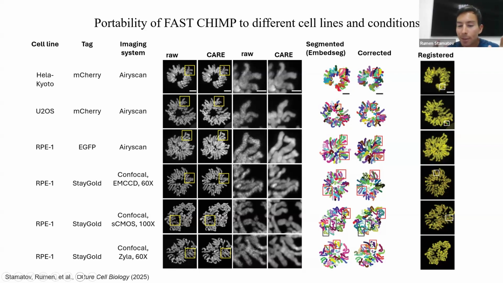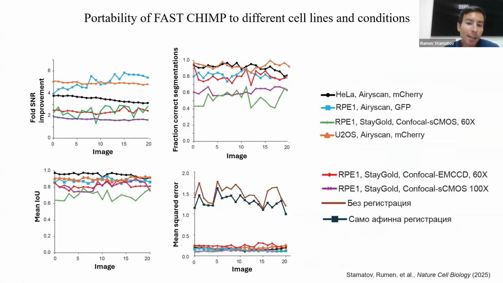So as long as we scale the images to match the training data, we can still get quite excellent results, even with different microscopes, different tags and cell lines. And we can quantify this, and we can see that there is some deterioration in quality. For example, we see that the SNR improvement is getting lower the more we deviate from the original conditions.